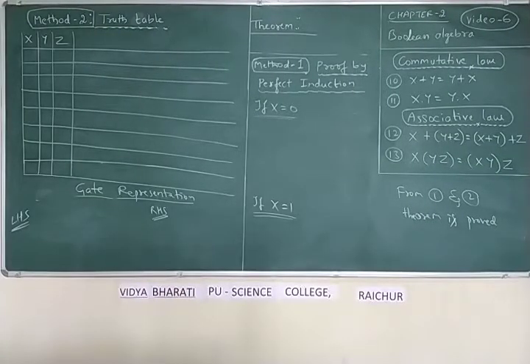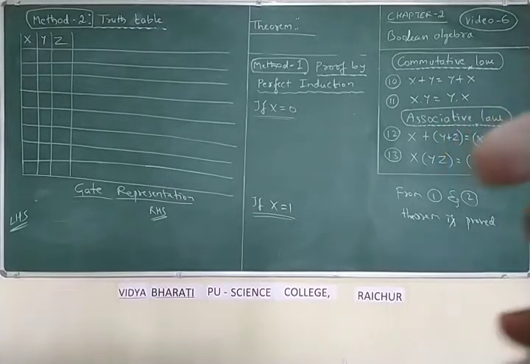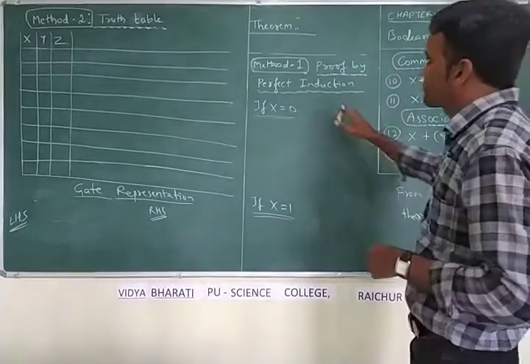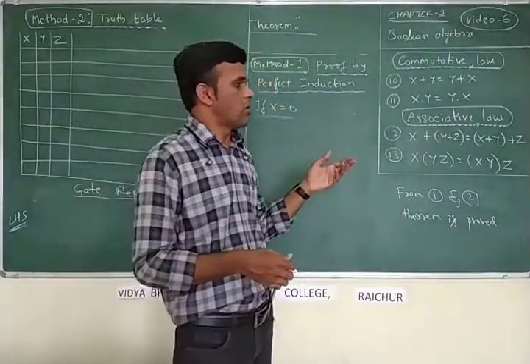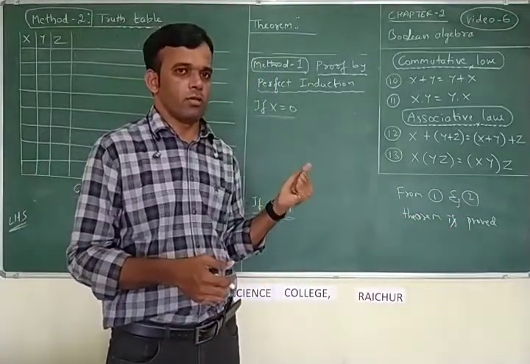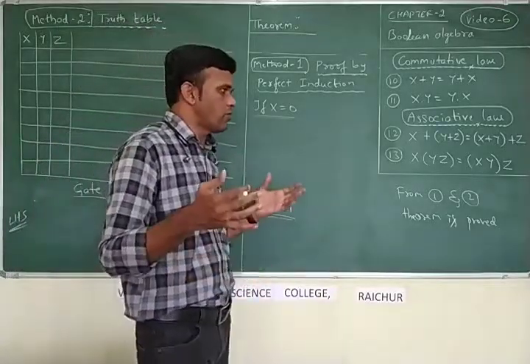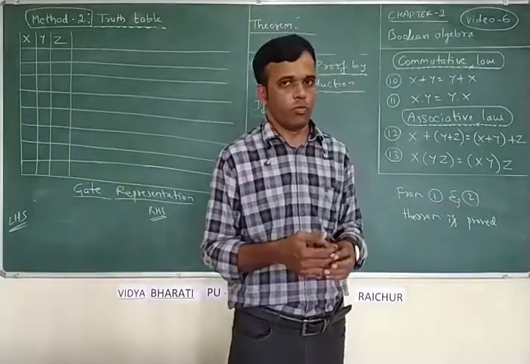So here in the 12th theorem we are having three different variables. So this is the first time in a theorem we are having three different variables. So when it comes to method 1, as I told, take any one variable x or y or z. Have 0 for that variable one time and the value 1 another time. So in both the cases, if you get LHS equals to RHS, we can say from 1 and 2 the theorem is proved.